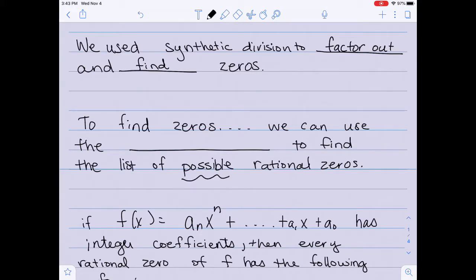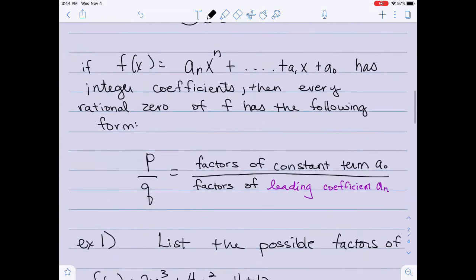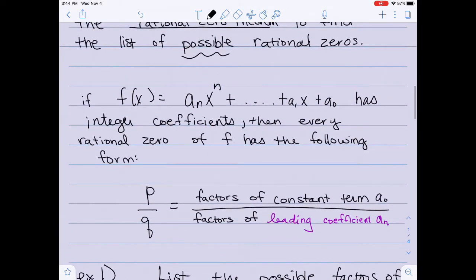And to find a zero, we can use something called the rational zero theorem to find the list of possible rational zeros. So all the rational zeros will be listed, but they're also just possible, meaning some of them won't be zeros, but the zeros will definitely be in this list.